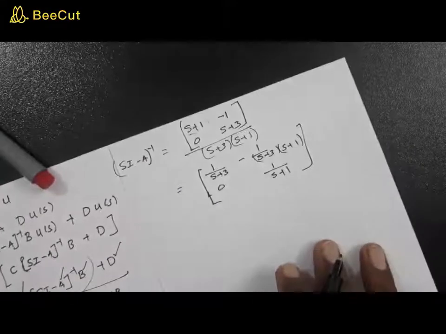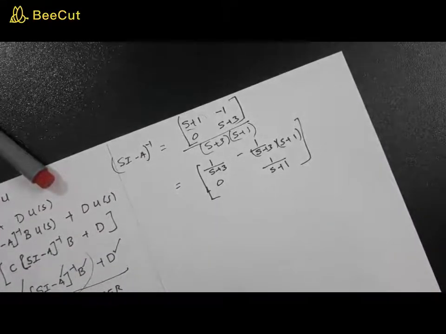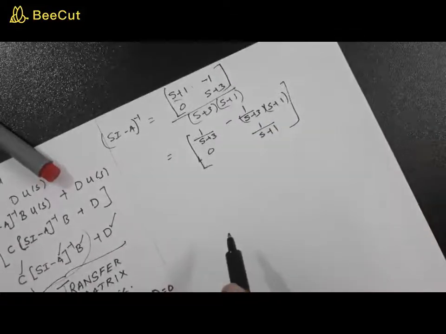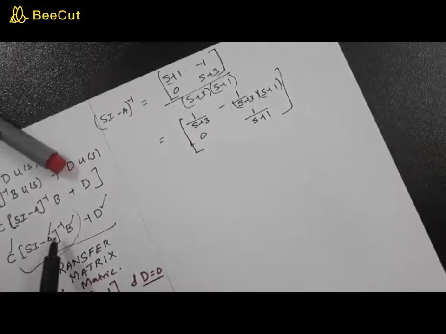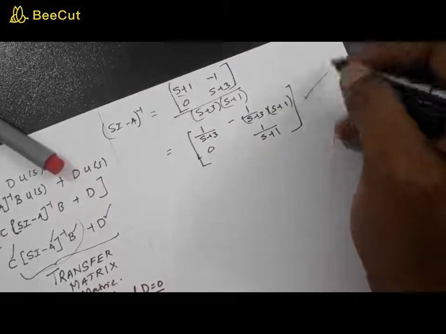So this is actually the inverse. Now what is the next step? The next step is to find out what? So this is actually the inverse of SI minus A. Okay, now this is it.